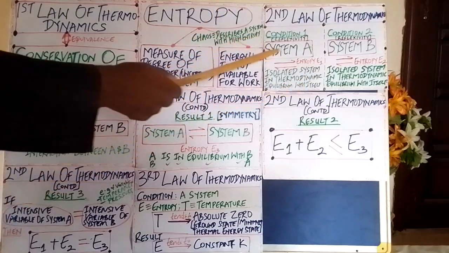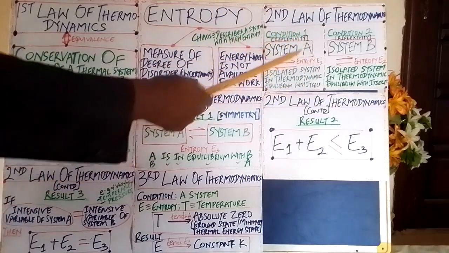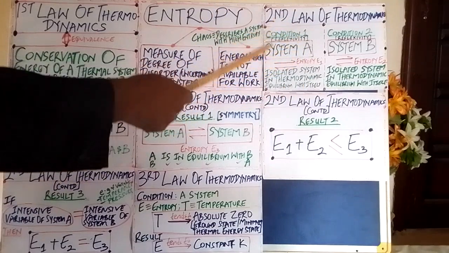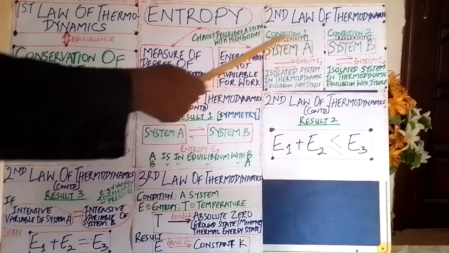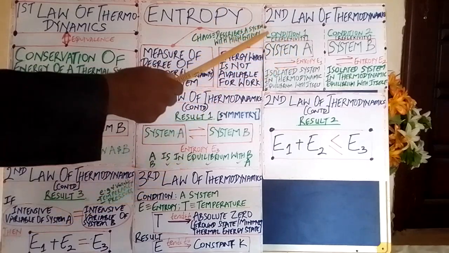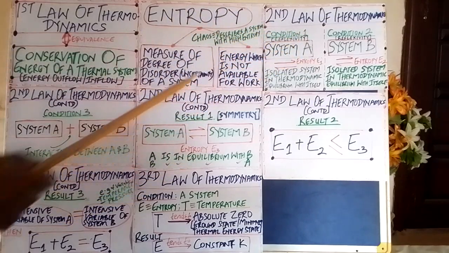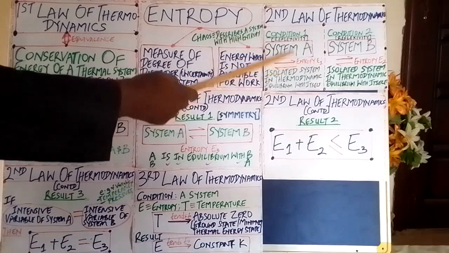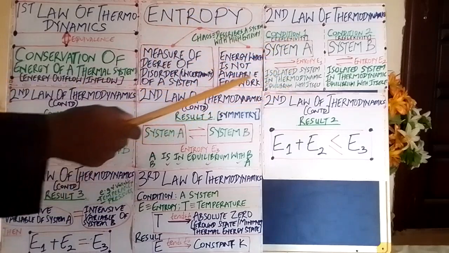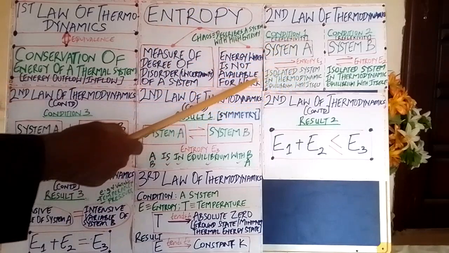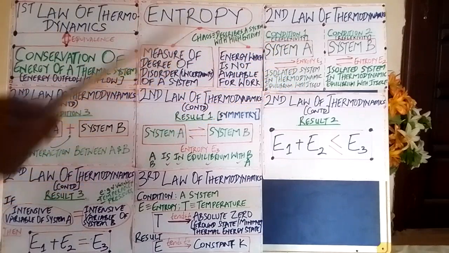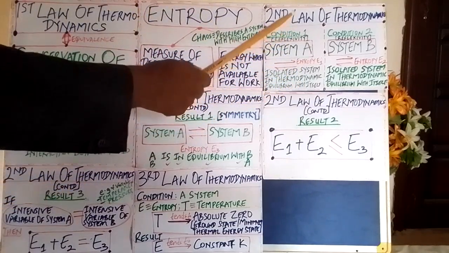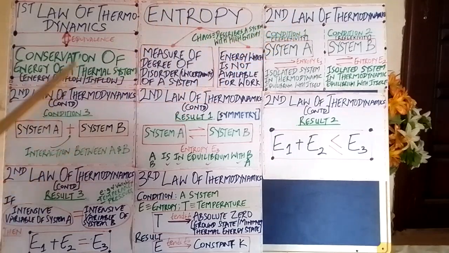So if A is in thermodynamic equilibrium with itself, indirectly we are saying that A will always be in thermodynamic equilibrium with itself. That is the concept of reflexivity. So we have a system A which obeys reflexivity with respect to thermodynamical equilibrium. That's the first condition to understand the second law of thermodynamics.